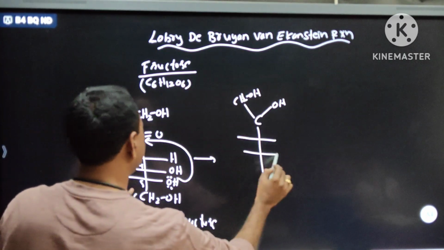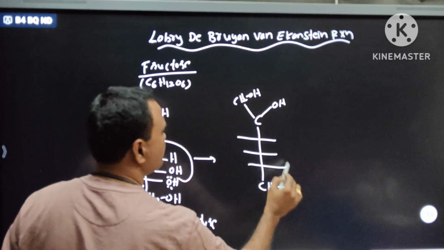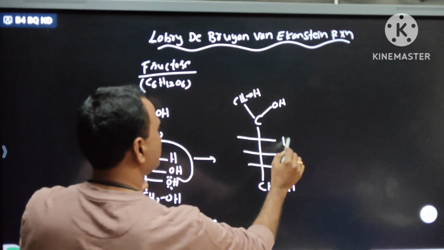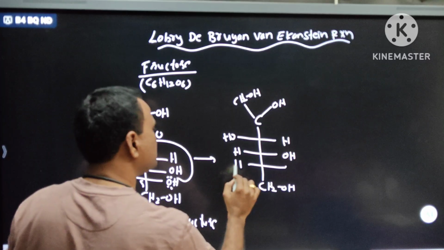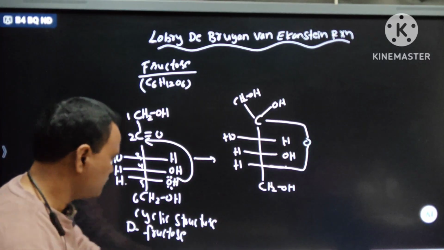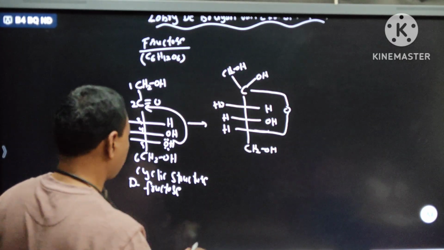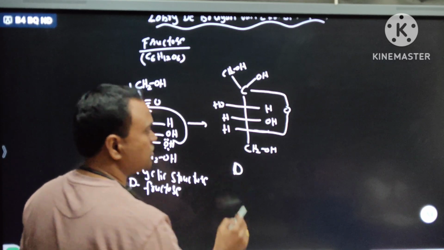Remaining 1, 2, 3. CH2OH. Tell me here, this is over right. This one H, OH, OH, H, H.